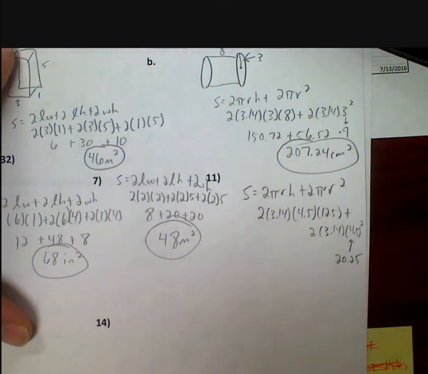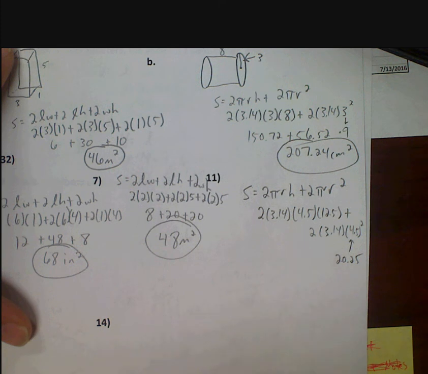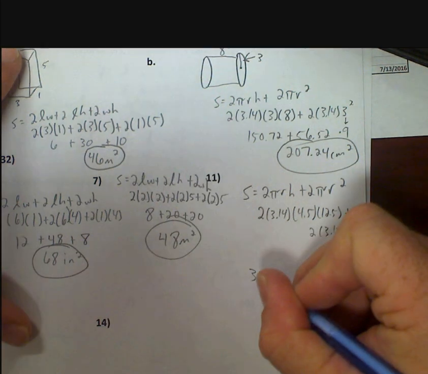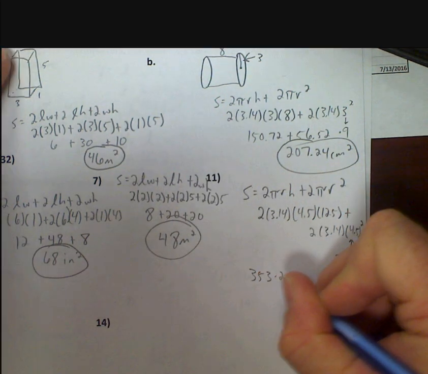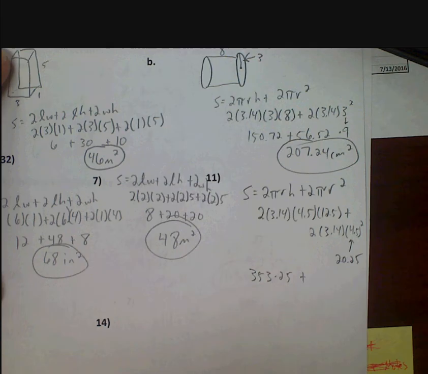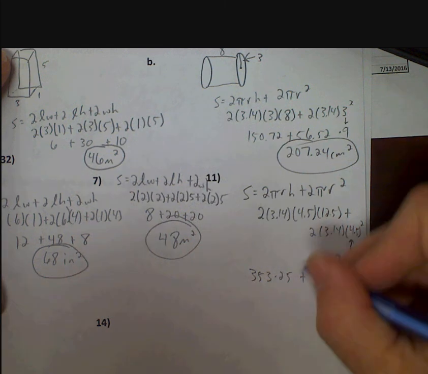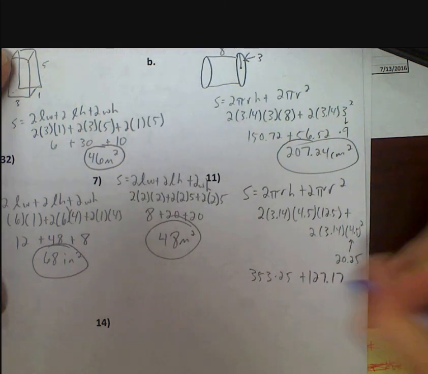Now I can multiply my numbers. 2 times 3.14 times 4.5 times 12.5 gives me 353.25, and I need to add that to 2 times 3.14 times 20.25. I get 127.17.